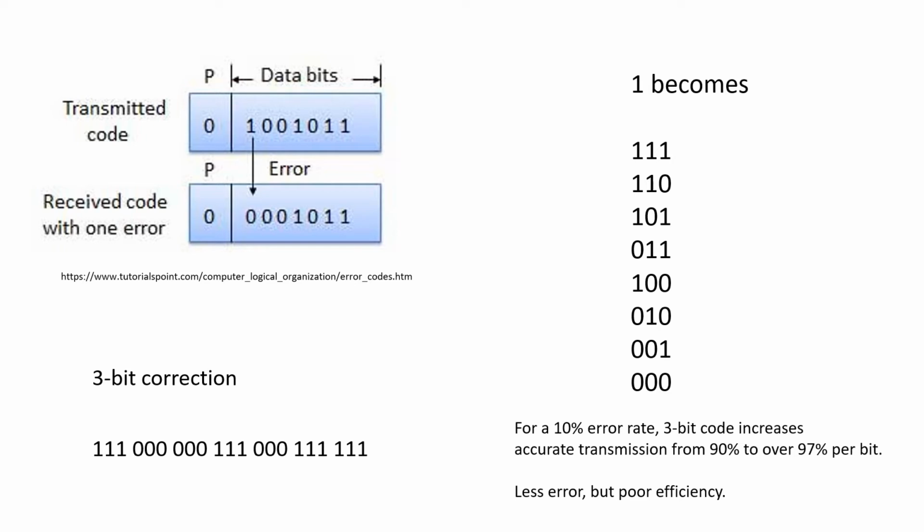So, for example, when you look on the bottom, let's focus on that first bit, which is a 1 in the code that we want to transmit. If it by chance flips and becomes a 0, then instead of transmitting 1001011, we would transmit 0001011.